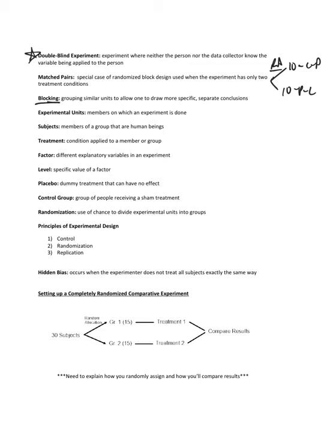Blocking is a big one from this unit. Blocking is the idea that you are going to run separate experiments for separate groups or subgroups of your population.